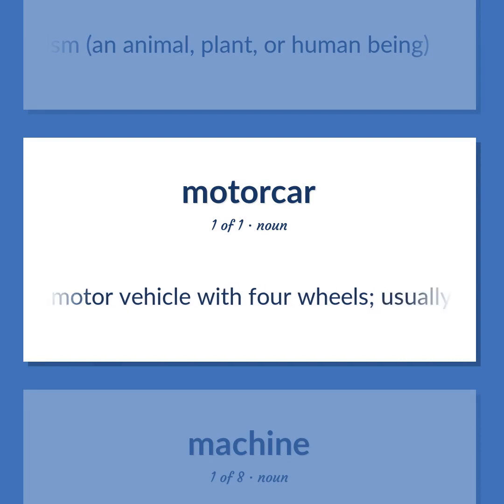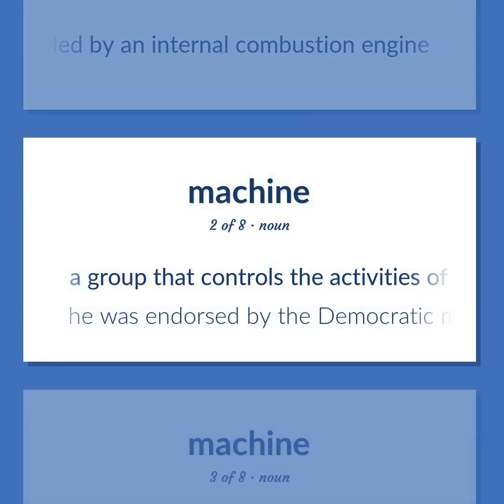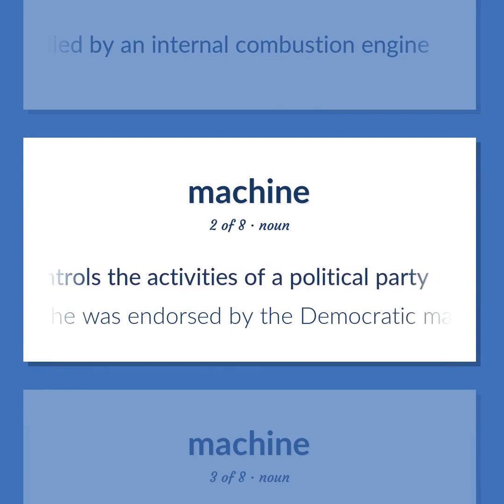A motor vehicle with four wheels, usually propelled by an internal combustion engine. A group that controls the activities of a political party. He was endorsed by the Democratic machine.